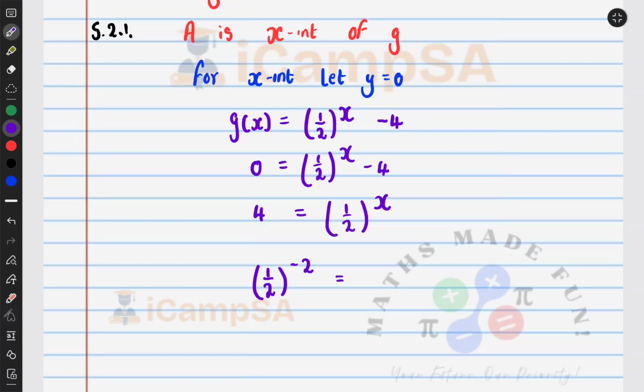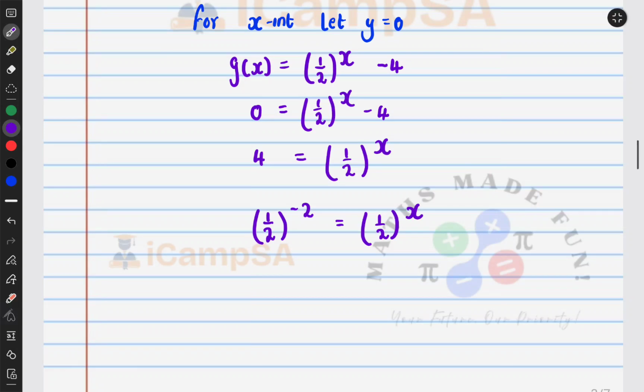Let me quickly double check. Yes, it's going to be negative 2. So we have (1/2)^(−2) = (1/2)^x, so we can drop the bases. Therefore x is equal to negative 2.